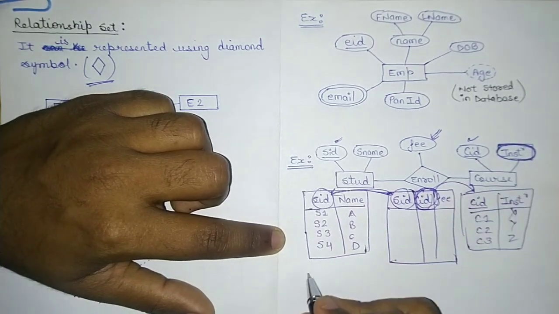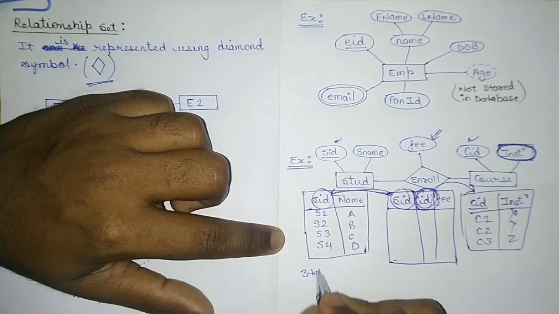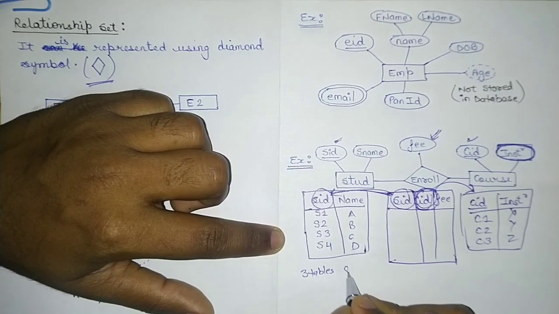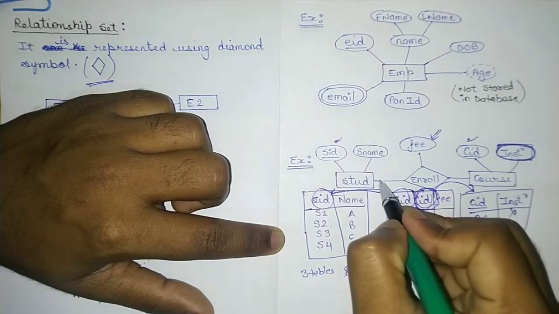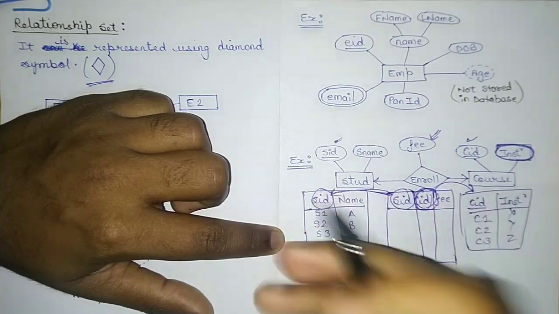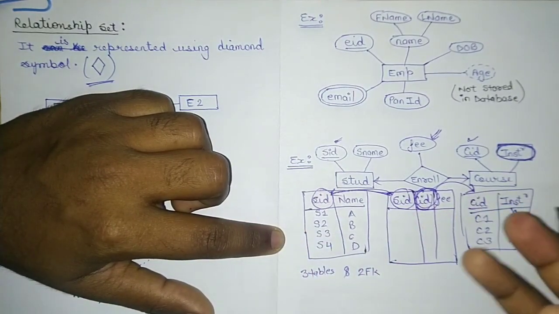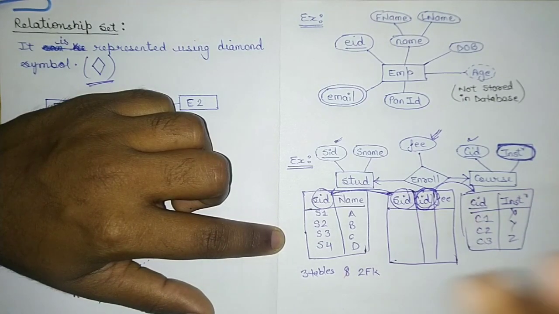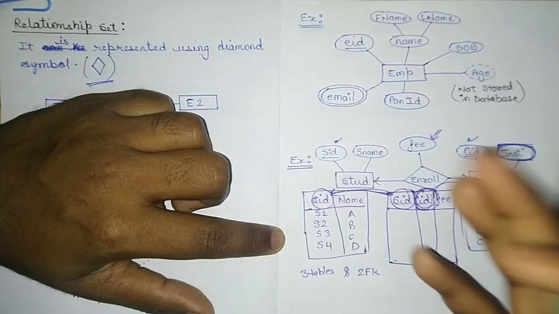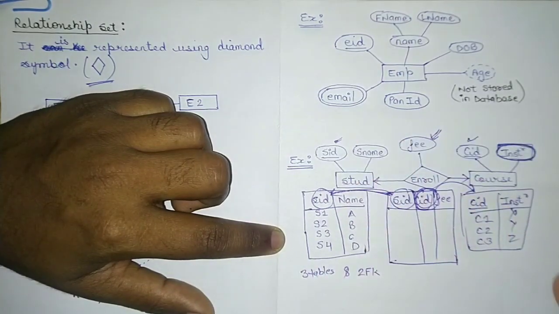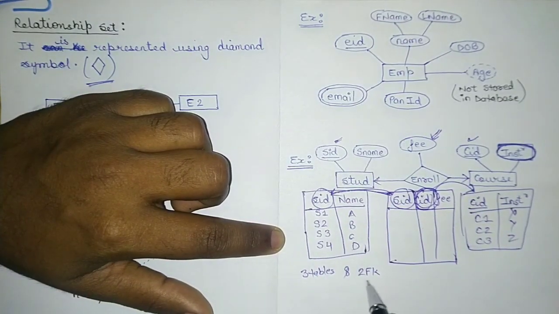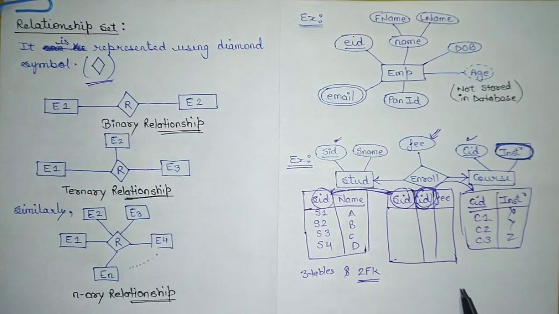For this particular relation I am having three tables and two foreign keys, right? We will be understanding the one-to-one and many-to-one mapping in the next video, along with some examples of how many foreign keys are required for one-to-one, for one-to-many, and other relationships, right? So here we require two foreign keys.